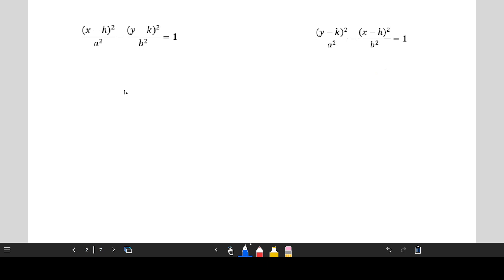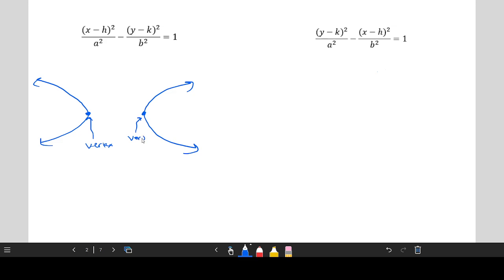So what does a hyperbola look like? Let's start a sketch here. A hyperbola has two branches, and each one has a point called the vertex. So for this equation on the left, the branches are going to open to the left and to the right. There's one vertex.